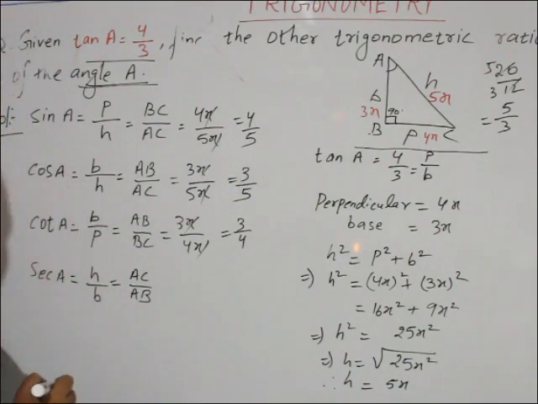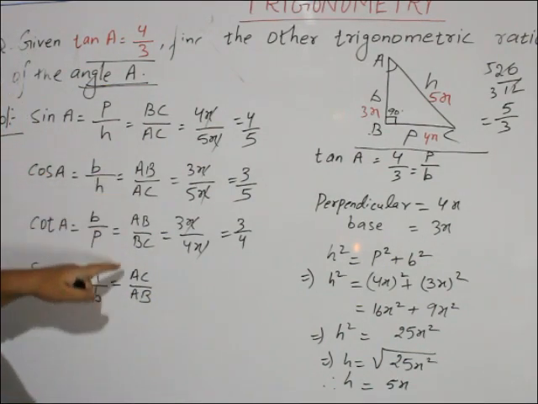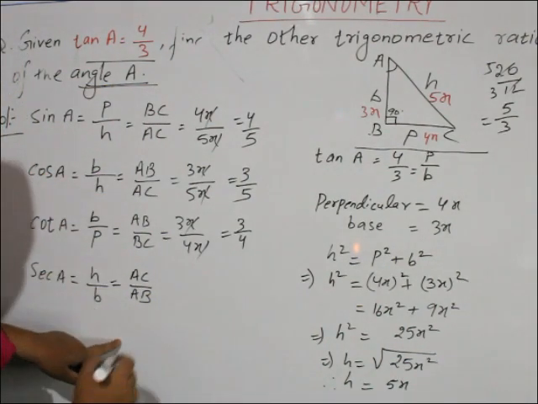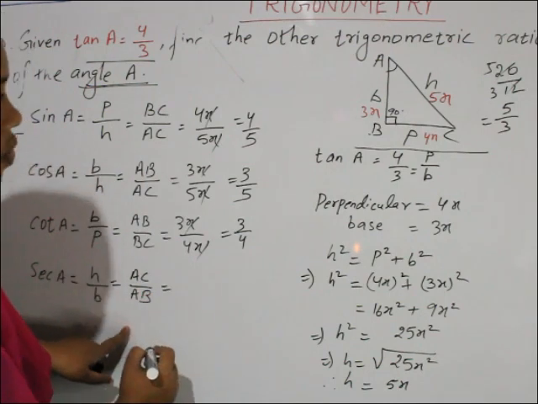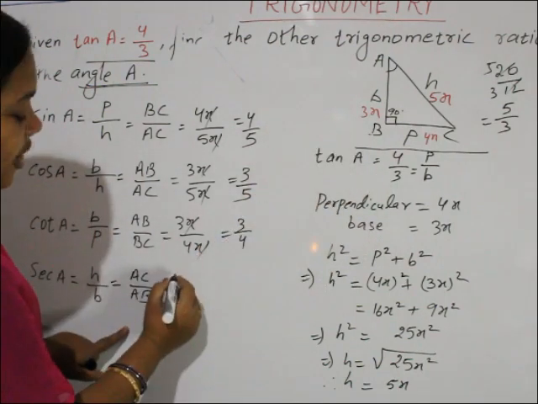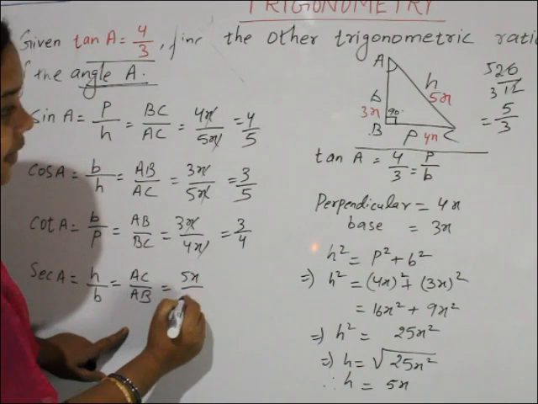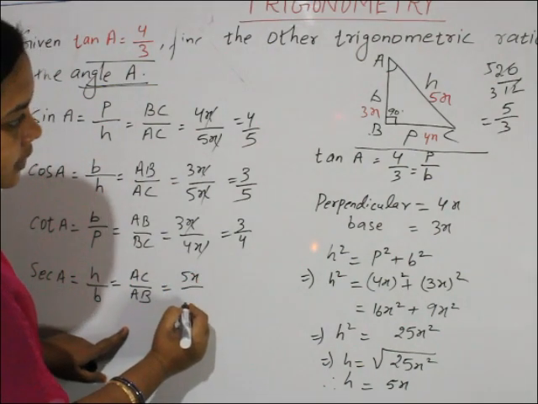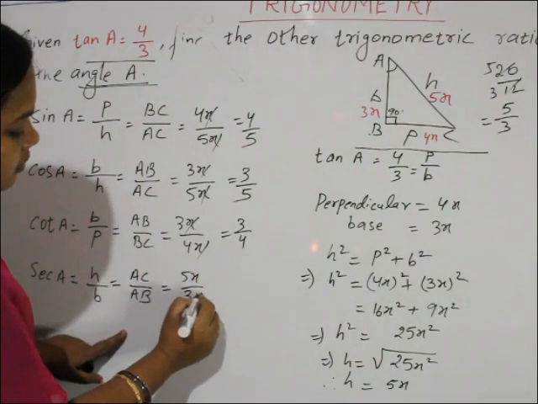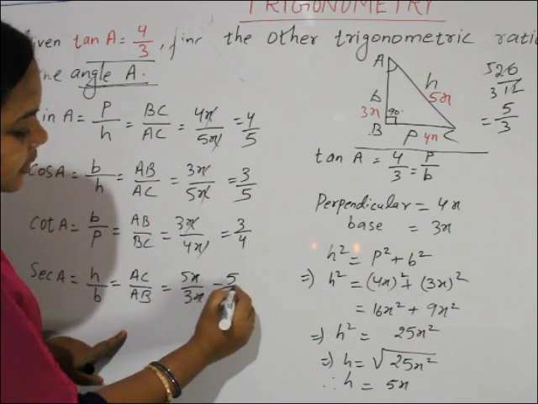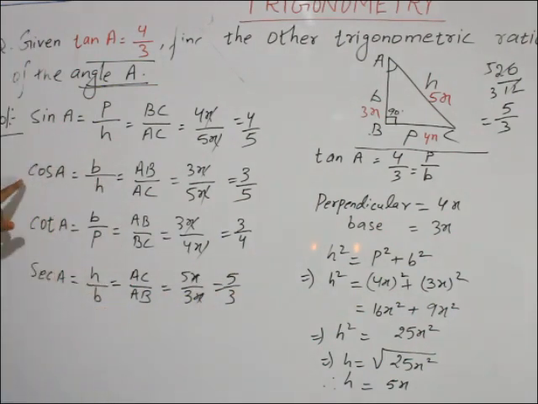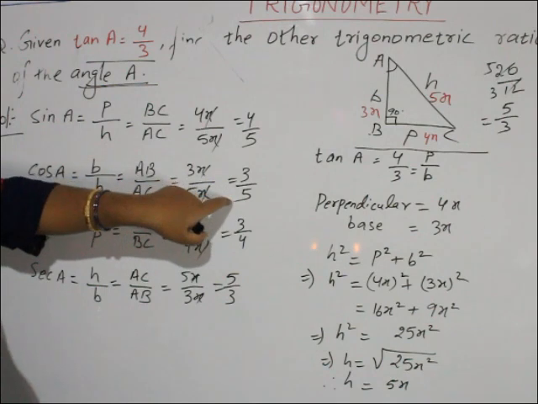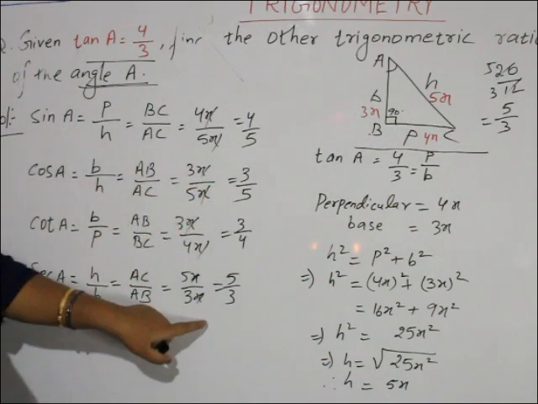Is it or not? See, here AB by AC, here AC by AB, reciprocal. So AC is 5x by AB 3x. How much? 5 by 3. So you see here cos A we got 3 by 5, sec A is 5 by 3.